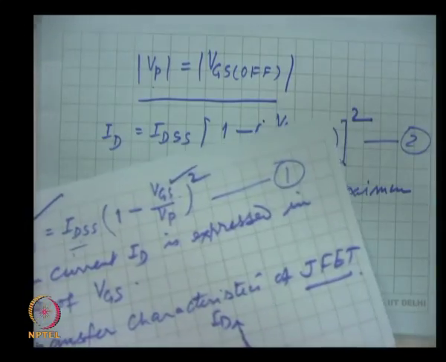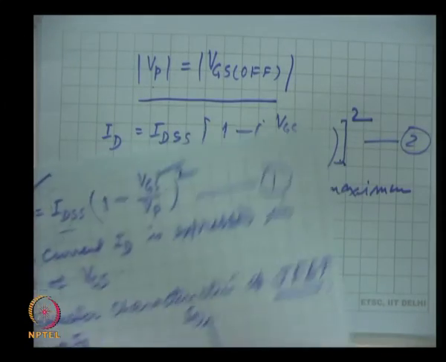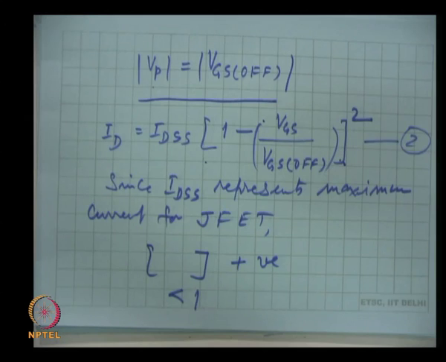So, this is all about the constant current region or saturation region. I repeat that the device is operated in this region when its purpose is to amplify the signal. We will see when we develop the model for the FET, we will use the analysis and derive an expression for the voltage gain.